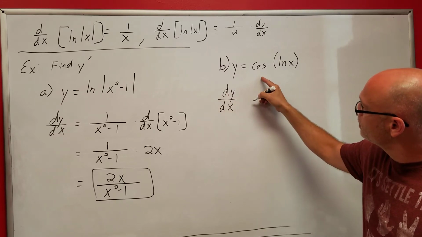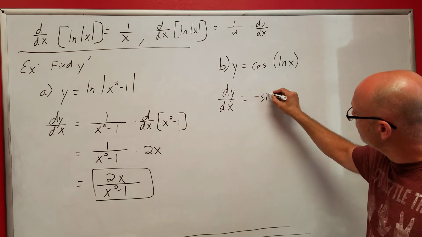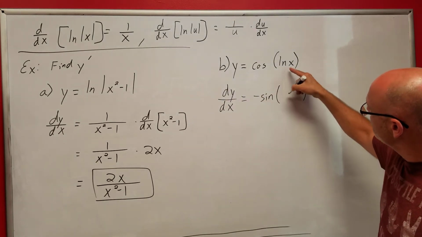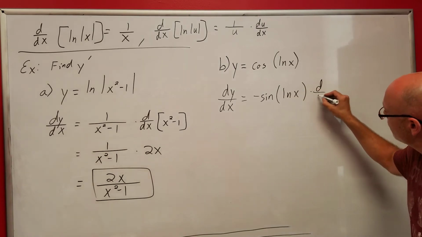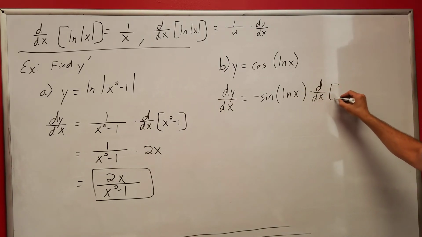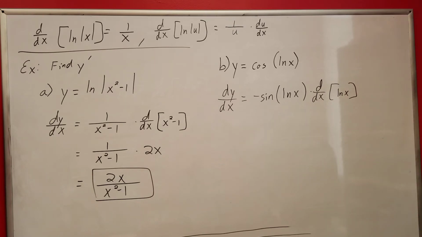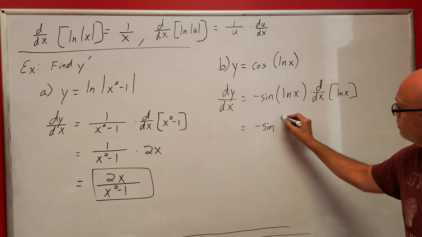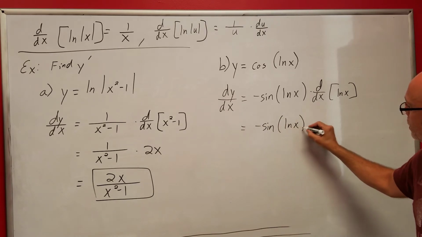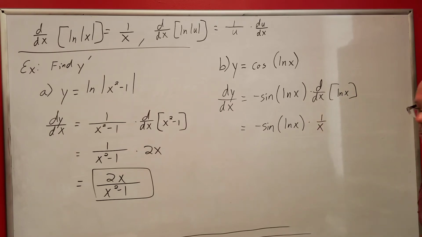Chain rule says derivative of the outside, which is negative sine, at the inside times the derivative of the inside. So this will be negative sine of the natural log of x times the derivative of that, which is 1 over x, right?